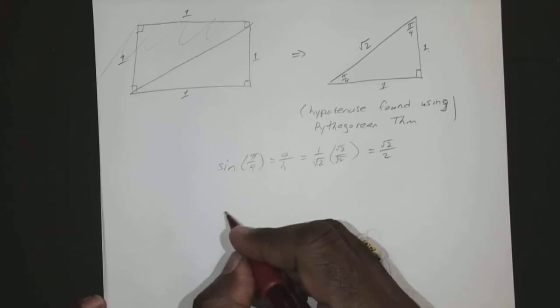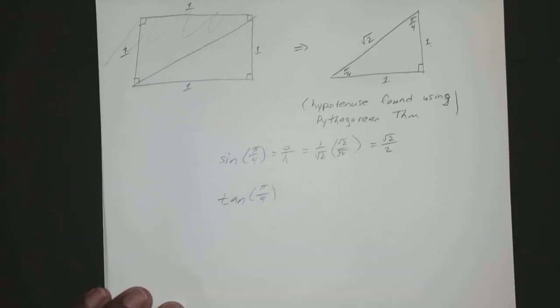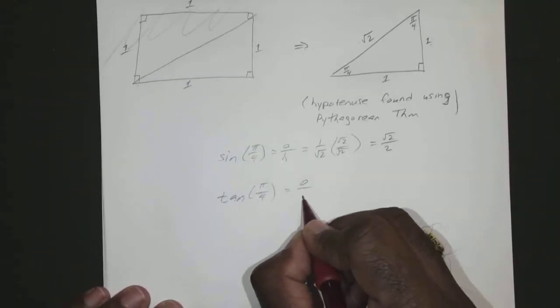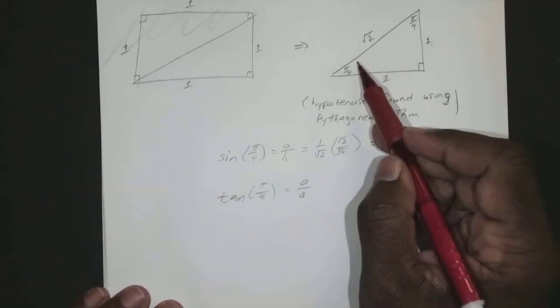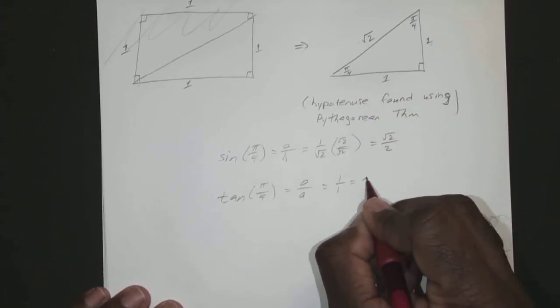Okay, so what if we tangent of pi over 4? Which is opposite over adjacent, which is 1 over 1, which is just 1.